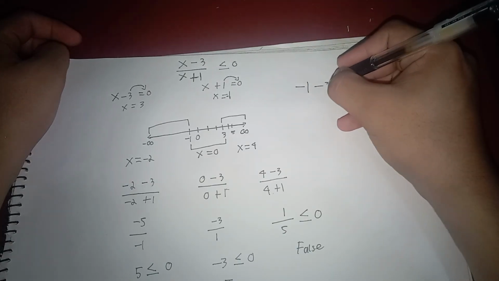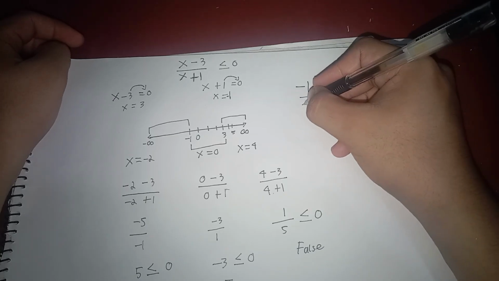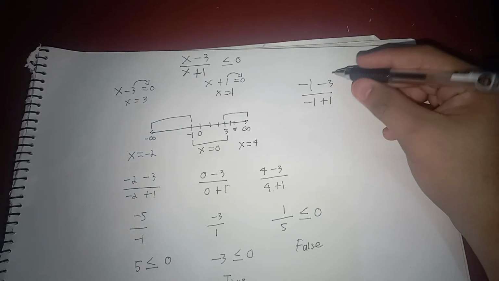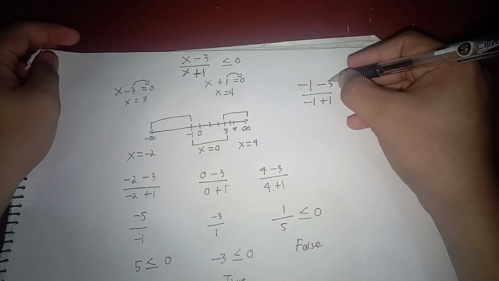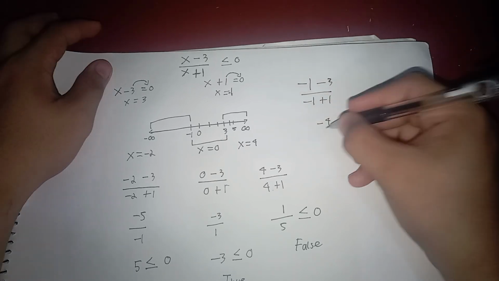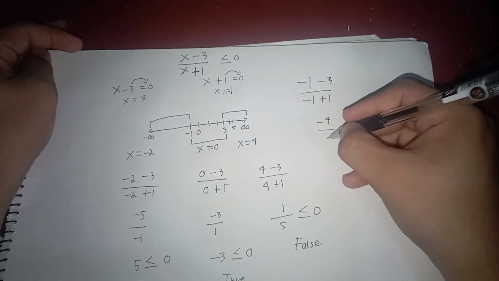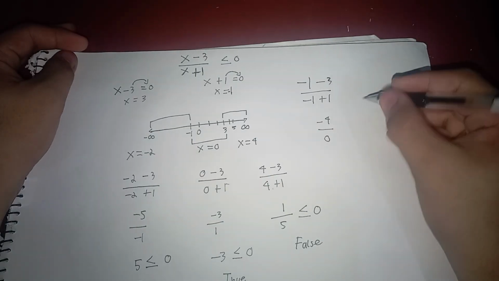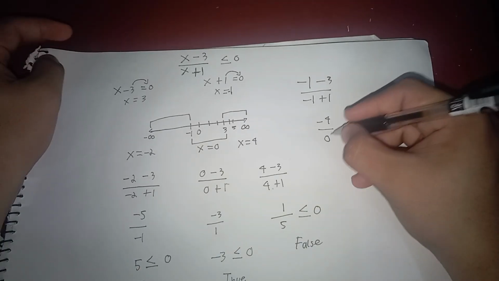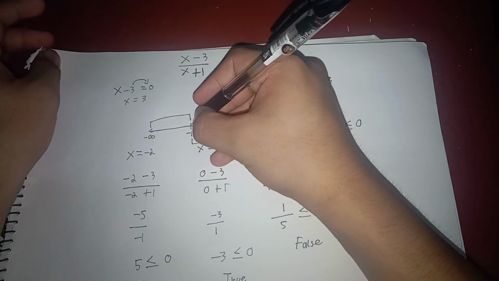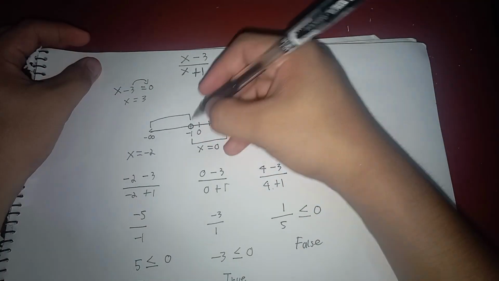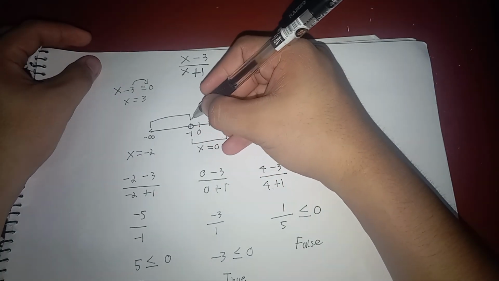Negative 1 minus 3 over negative 1 plus 1. So negative 1 minus 3 is negative 4, over negative 1 plus 1 is 0. This is already undefined, so it's excluded. We're gonna put a hollow circle there because it's excluded.